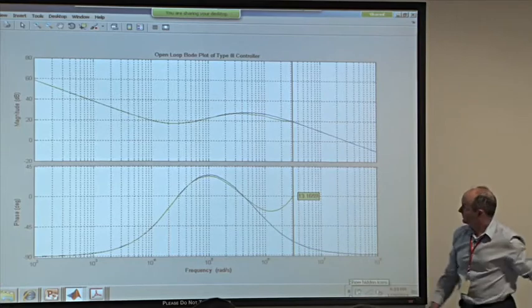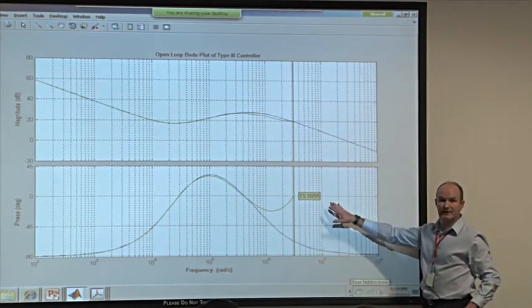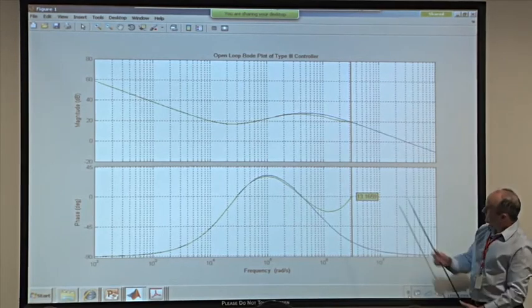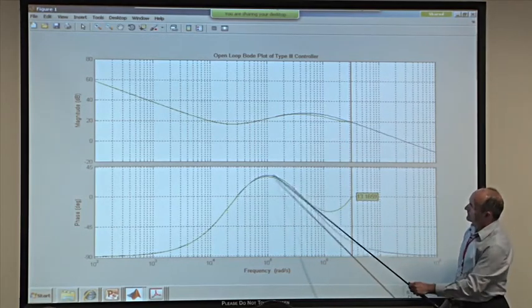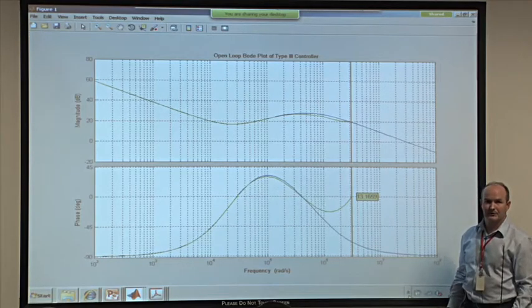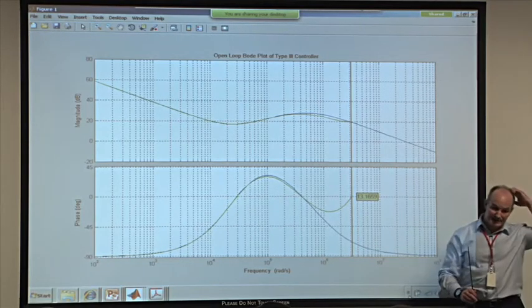Deceptively good, because we've now got some nice phase lead, friendly phase lead, plus 13 degrees of it. But we've also got more daylight between the curves at lower frequencies. And this is the problem with the backwards approximation technique.